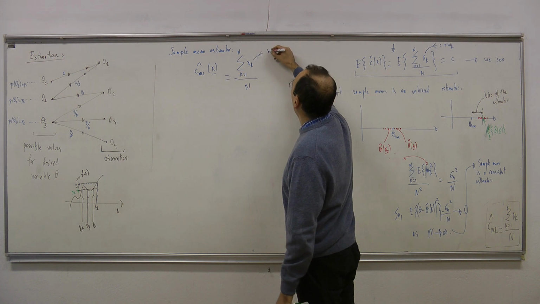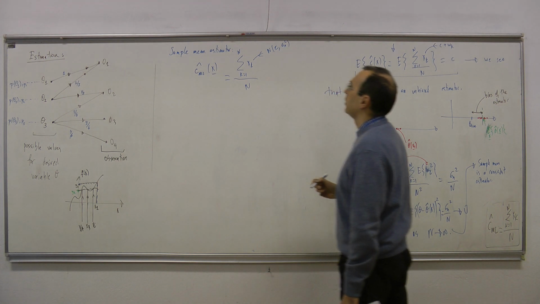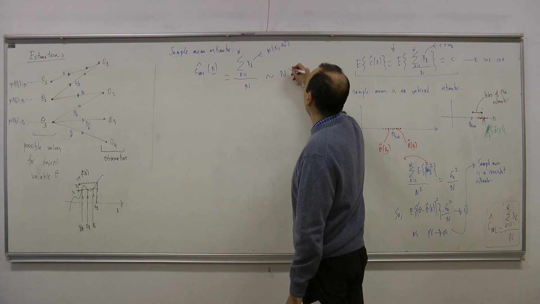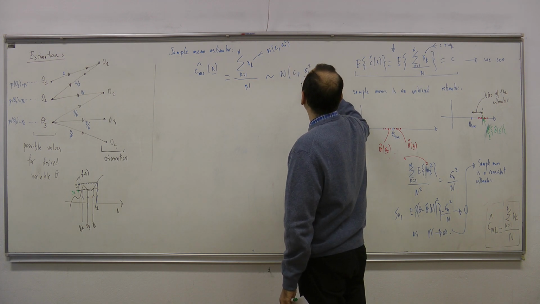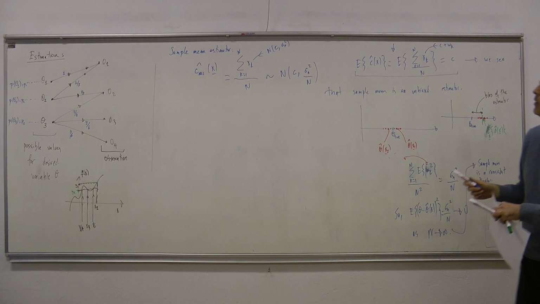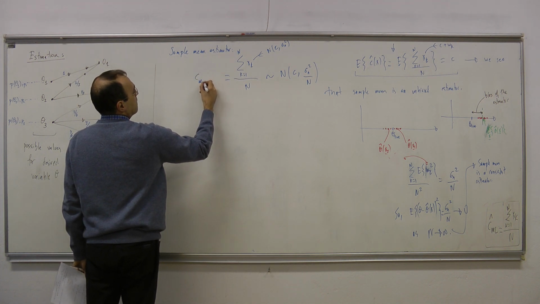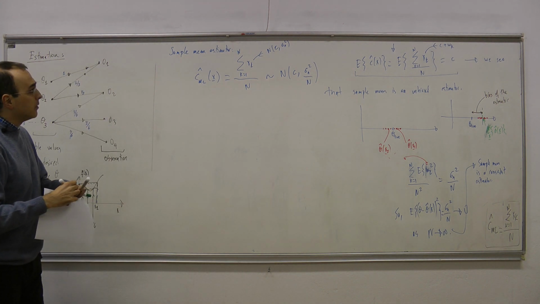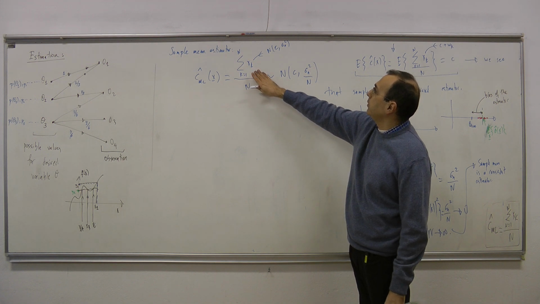It is distributed according to N(C, sigma n squared divided by N). The reason is, what is the mean of this? It will be a Gaussian distribution at the end.